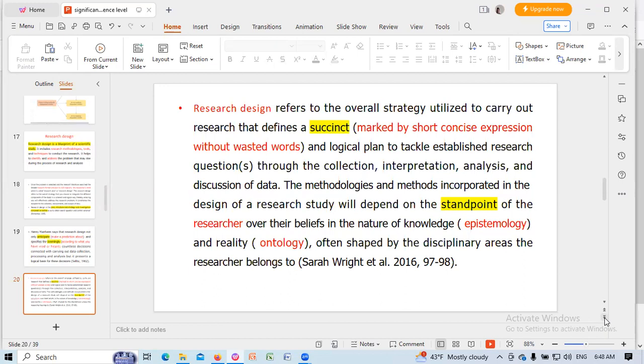Research design refers to the overall strategy utilized to carry out research that defines a succinct and logical plan to tackle established research questions through the collection, interpretation, analysis, and discussion of data. Succinct means marked by short, concise expression without wasted words.